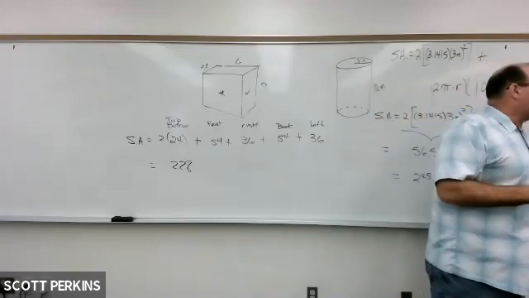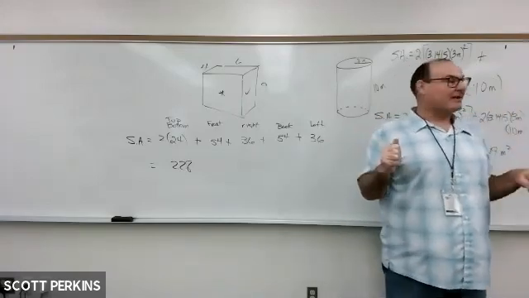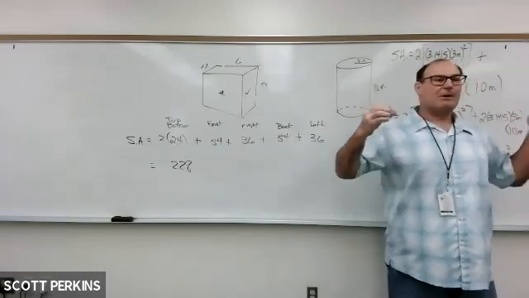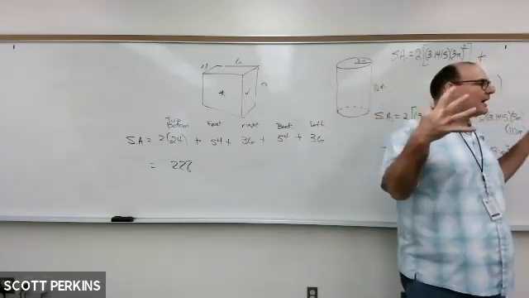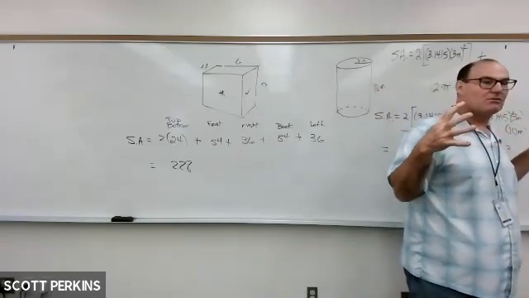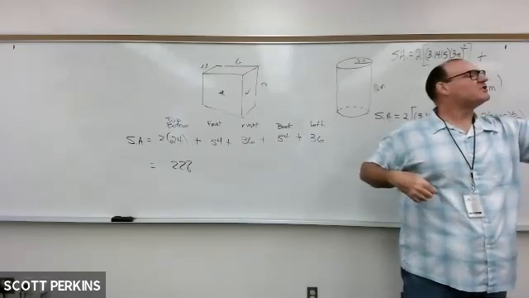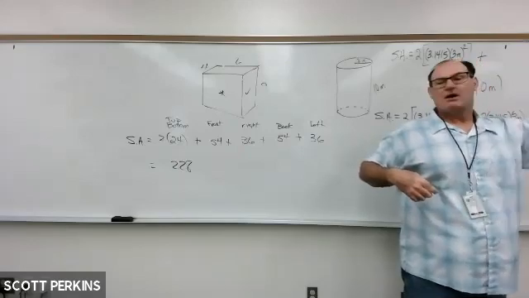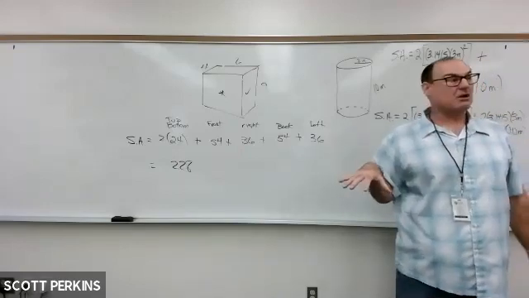What's the volume of any pyramid? 1/3 the area of the base times the height. Then we went to spheres. What was the volume of a sphere? Anybody remember that one off the top of your head? 4/3. Finish up. 4/3 times pi times r cubed. R times r times r.